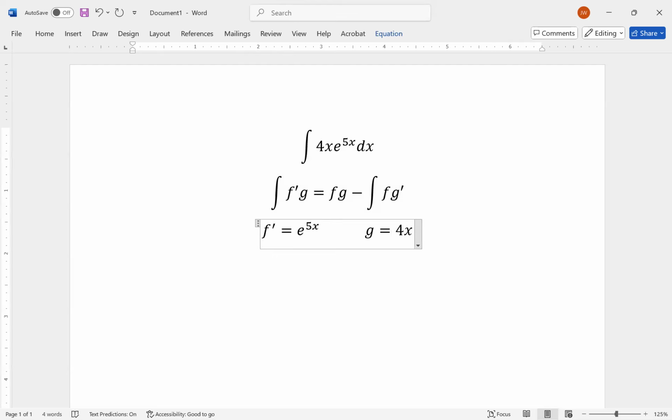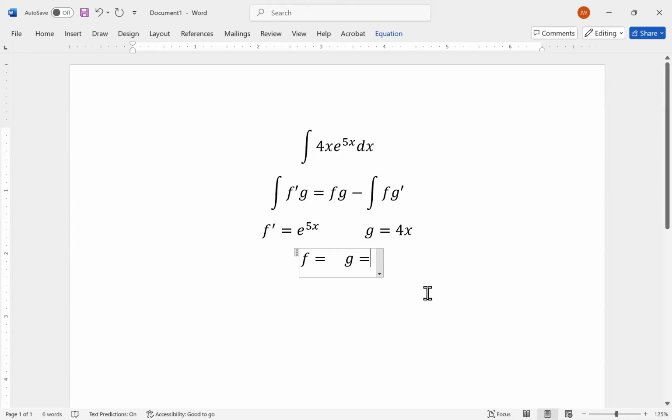The reason I want g to be the polynomial is because I'm going to need an f and a g prime on the right. So I'm going to figure out what f is and what g prime is.